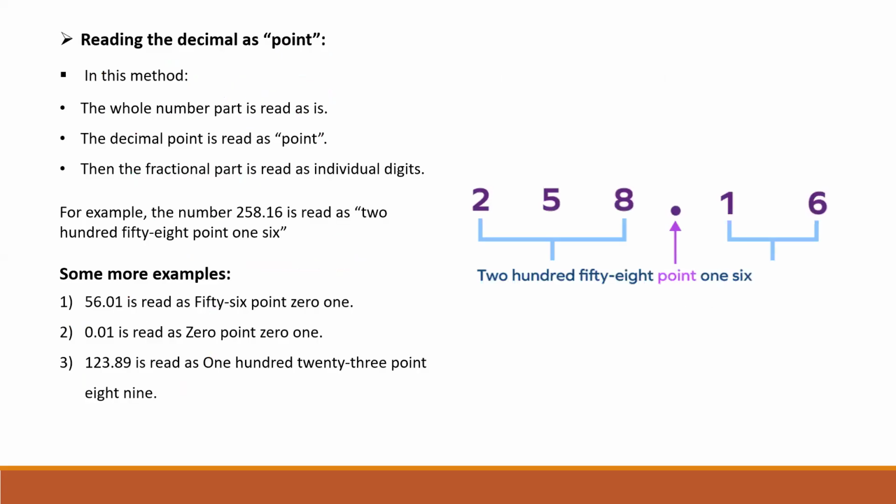Then, reading the decimal as point. So here in this method, the whole part is read as is. The decimal point is read as point. Then the fractional part is read as individual digits. So for example, the number 258.16 is read as two hundred fifty-eight point one six.